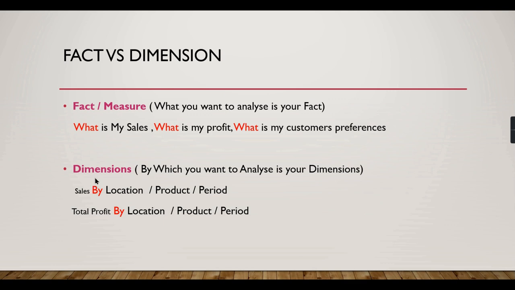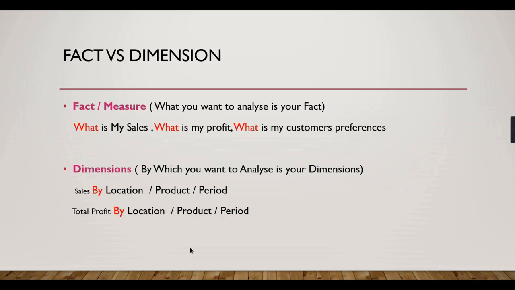And dimensions are those by which you want to analyze. Meaning I want to analyze my sales by location, from a different perspective or angle. I want to see these measures by sales location, product or period, and I want to see my total profit by this location and this product over a particular period.